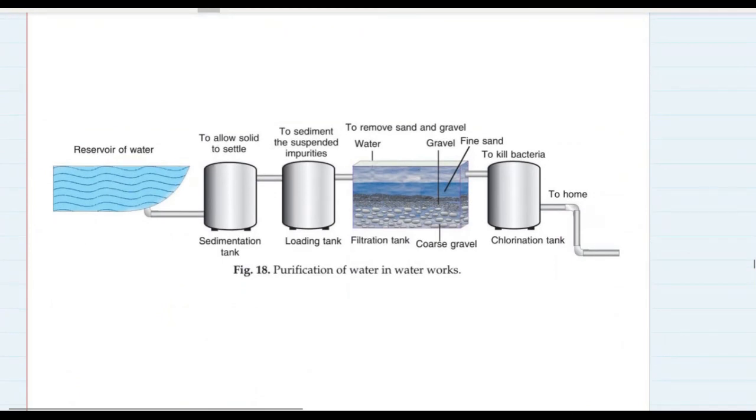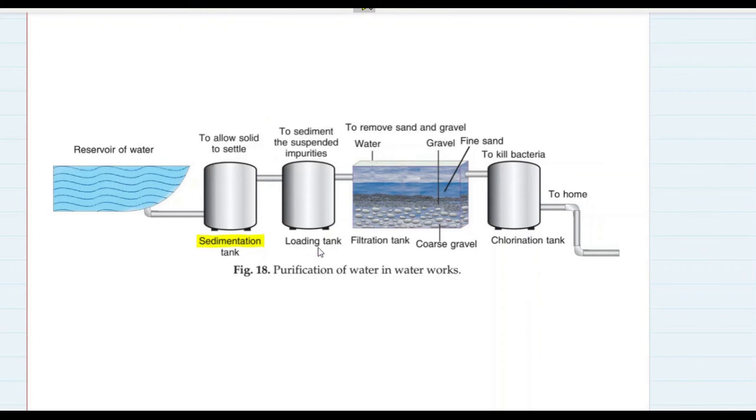Okay, so we have a reservoir of water. We have many dams, water storage sites where the rainwater gets collected around our area, actually around Navi Mumbai. So basically, even around Mumbai. So the water from this reservoir is brought to a water purification plant where there is a sedimentation tank. Sedimentation is the word which means that water is allowed to settle.